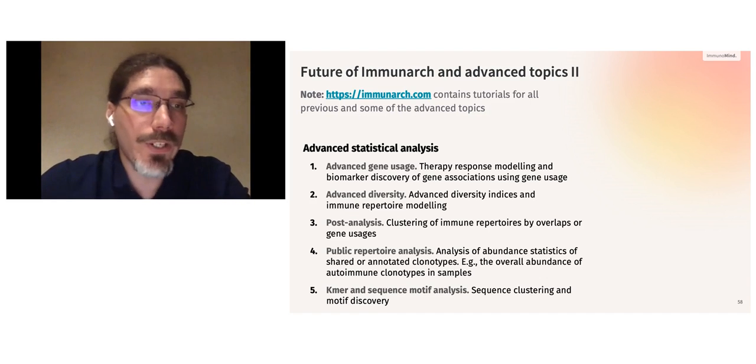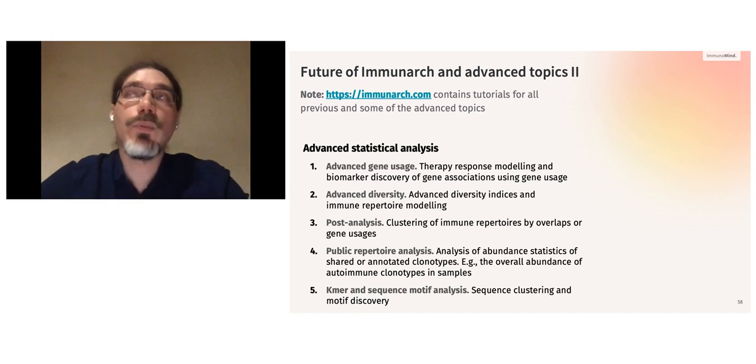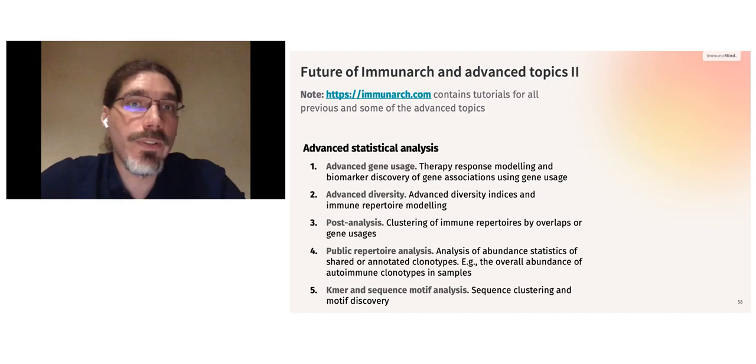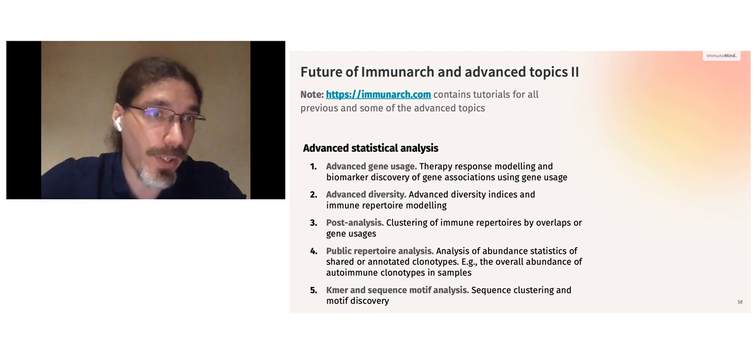There is a whole section regarding the post-analysis. So, for example, when you compute overlaps, as an output, you get a matrix of similarities between immune repertoires by their shared clonotype numbers. The same can be done with gene usages when you compare distances between gene usages of different immune repertoires.